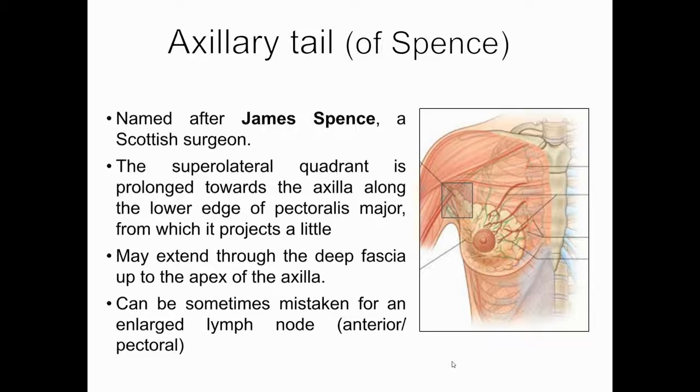It can sometimes be mistaken for an enlarged lymph node, or the pectoral enlarged lymph nodes, but it is not a true node, because it is the axillary tail, the extension of the upper outer quadrant into the axillary area. And from the name of the Scottish surgeon James Spence, it is also called the tail of Spence. In anatomical terms, we will say axillary tail.